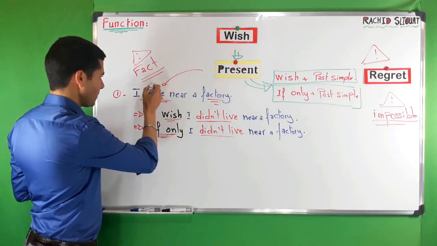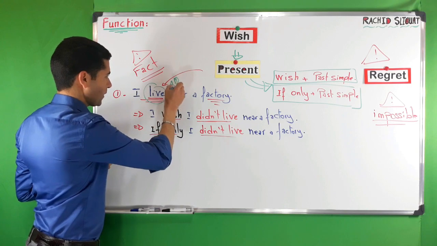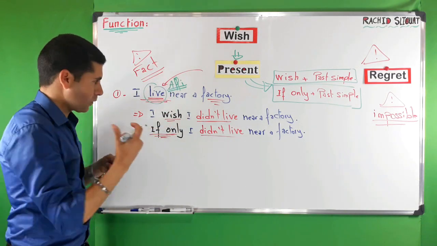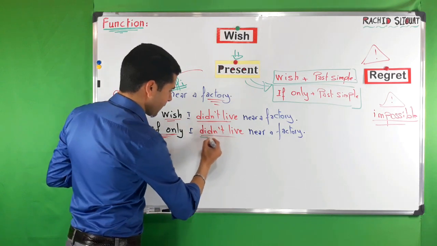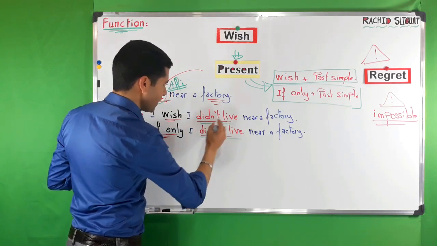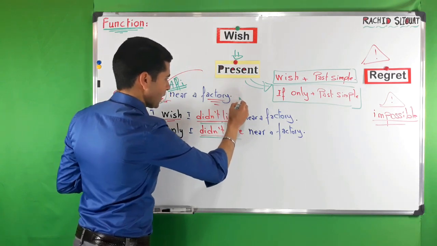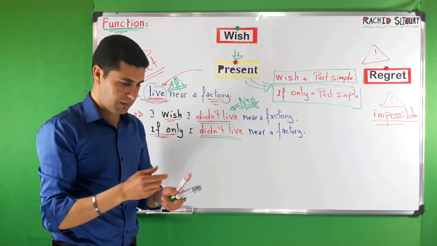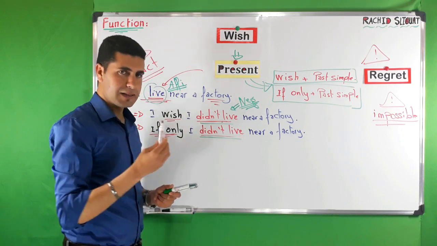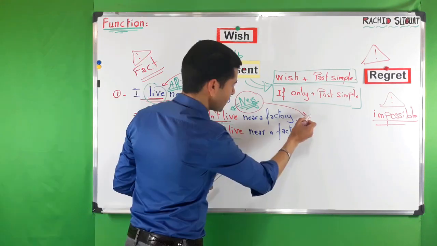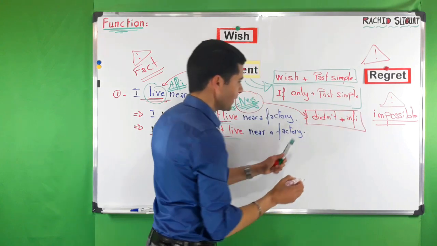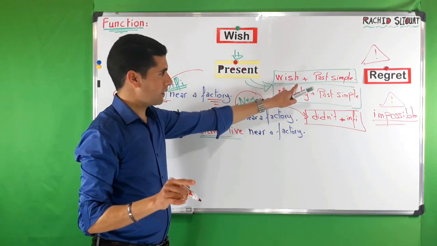Now look, the verb here is in affirmative, okay? In the wish, we change it into the negative, as you can see here. And the negative is very simply didn't plus infinitive. So this is the negative form of past simple, okay?